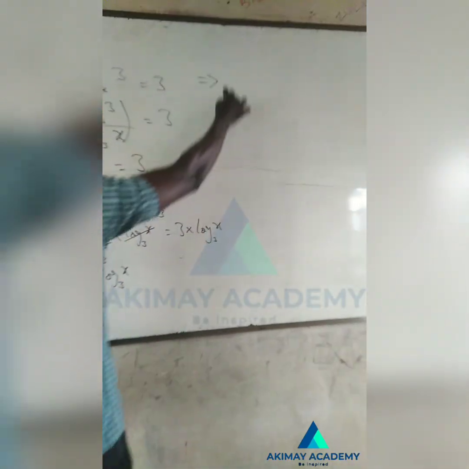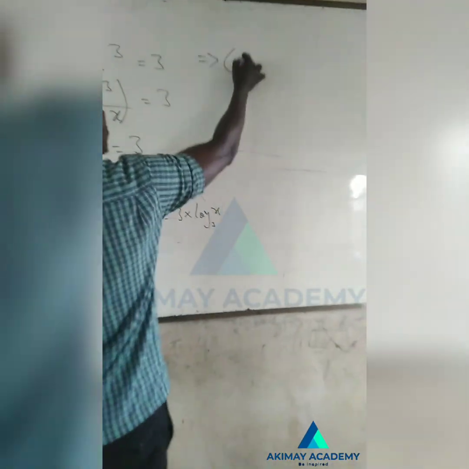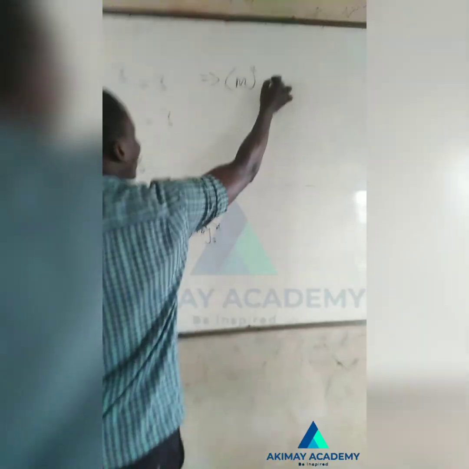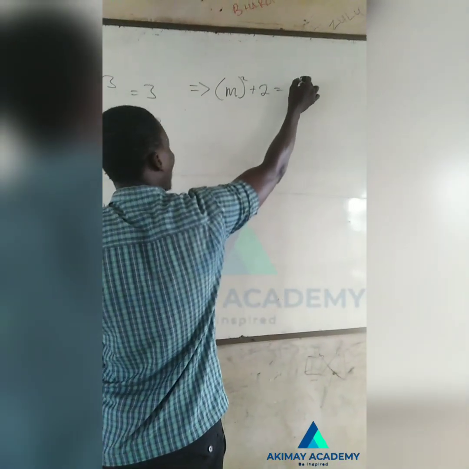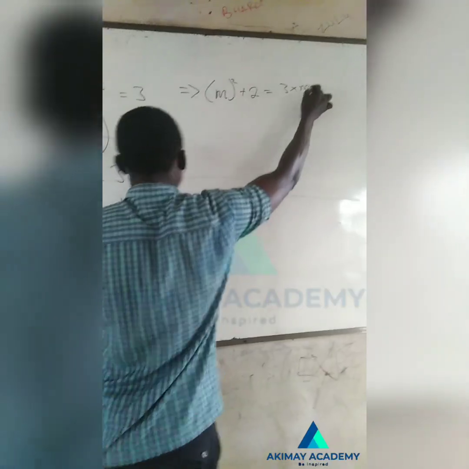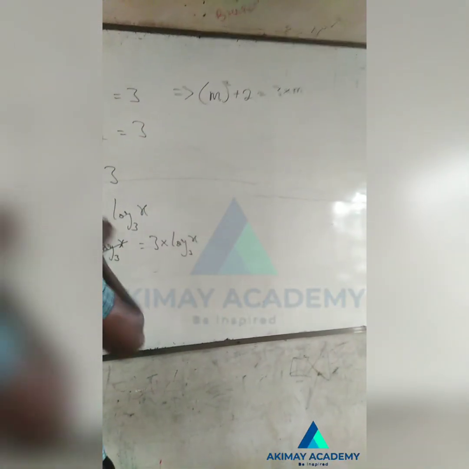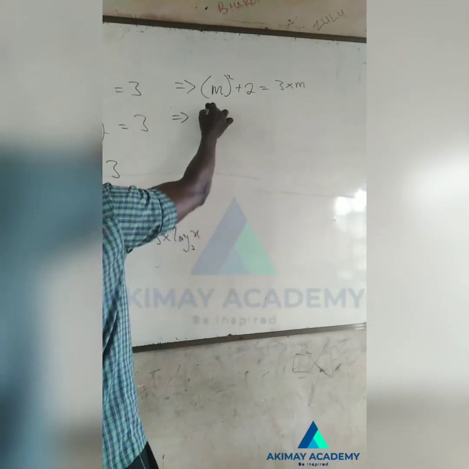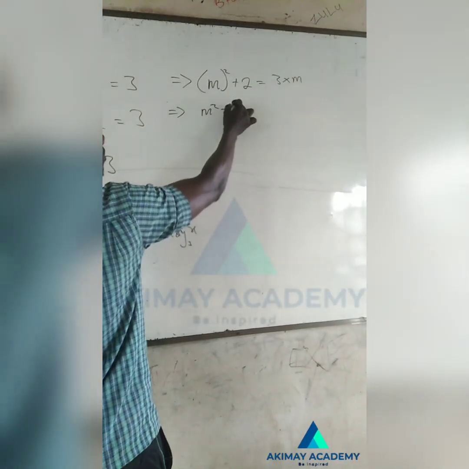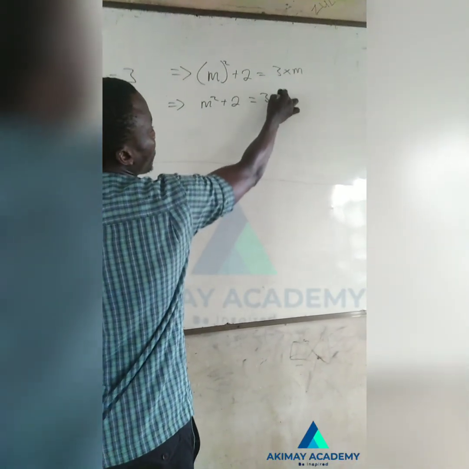So this is what we have. This is going to give us m squared plus 2 equals 3m.